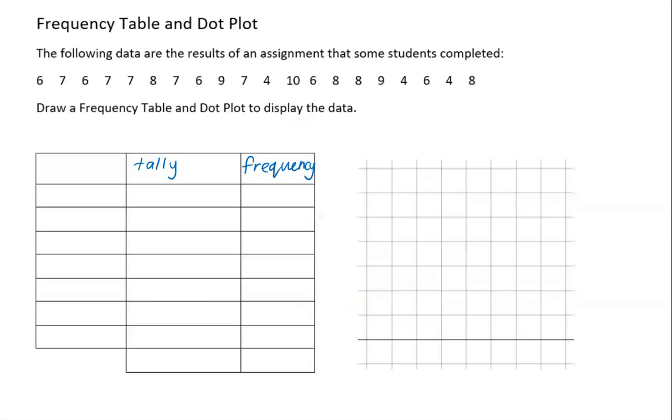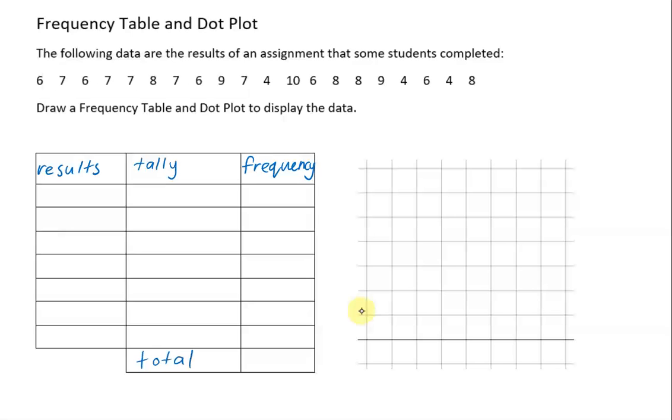In this case, we're talking about assignment results, so we might call this column results. If it was talking about ages of people, you could call it ages, or number of children, you could call it number of children. But that first title changes depending on what the data is. The second and third column headings stay the same, always tally and frequency. And down the bottom here, we have a total section.